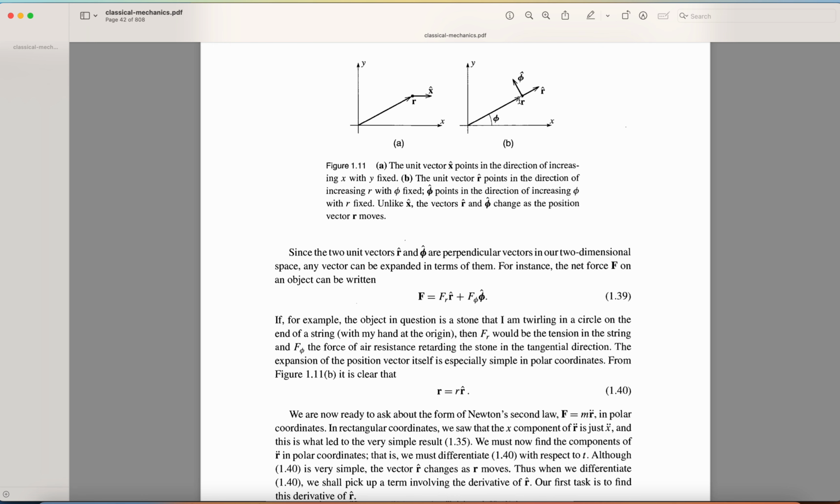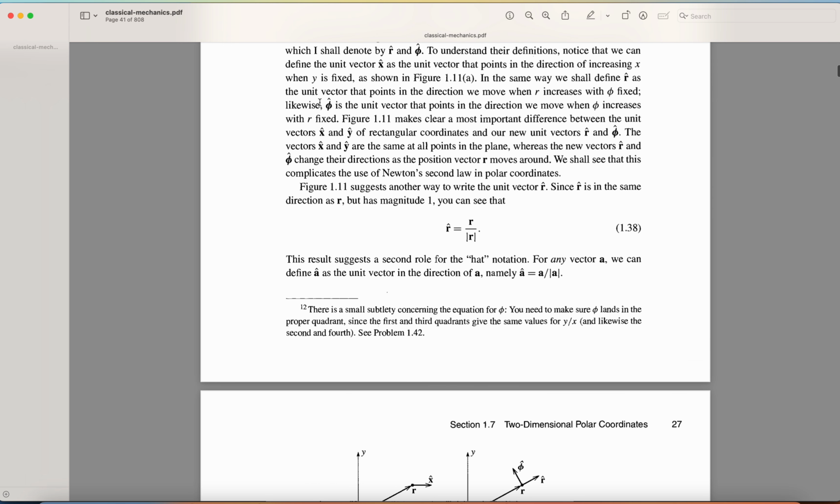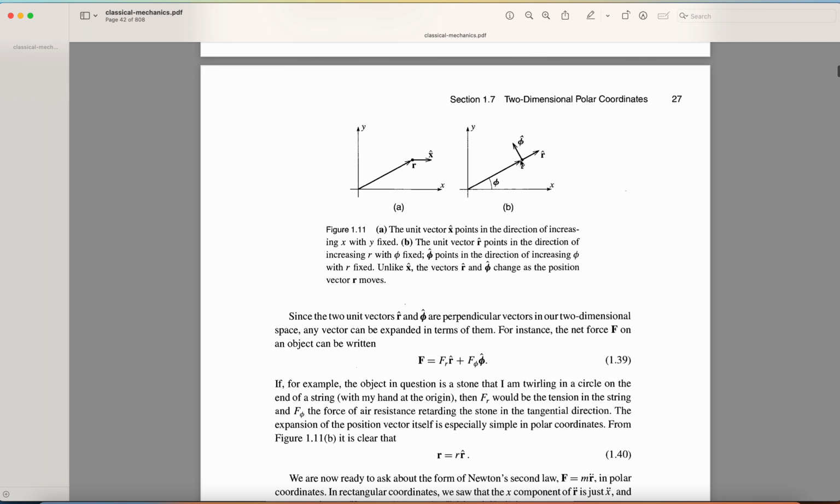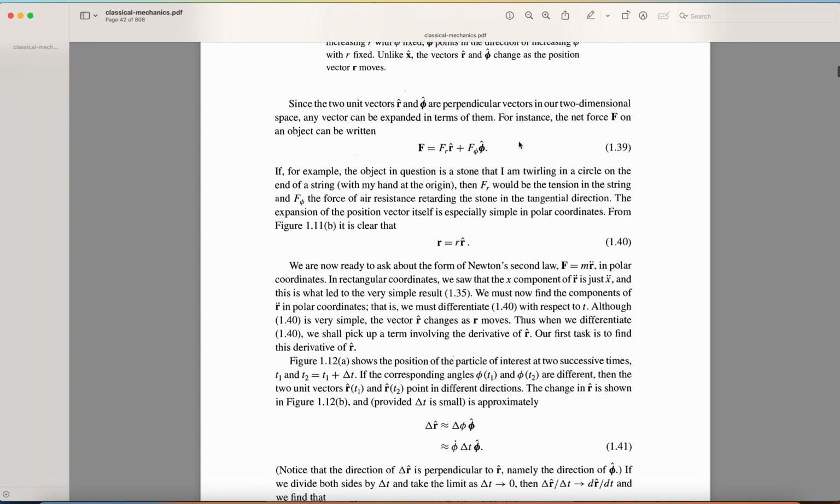Depending on how the vector r is oriented, the r hat pointing out would change. Wait, how's this phi hat defined again? Phi increases with r fixed. Okay, so it's the direction that's tangent to your change of phi. I guess it's the vector tangent to the circle when you draw from increasing phi around the center with radius r.